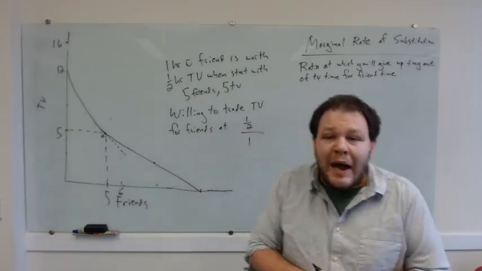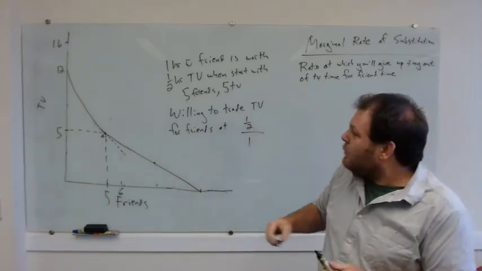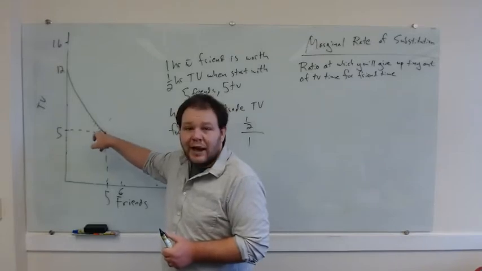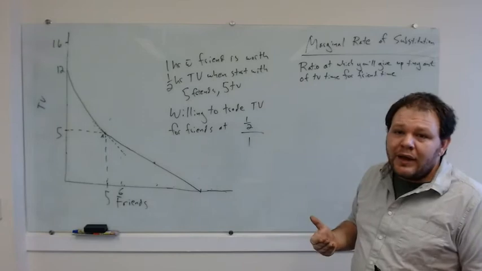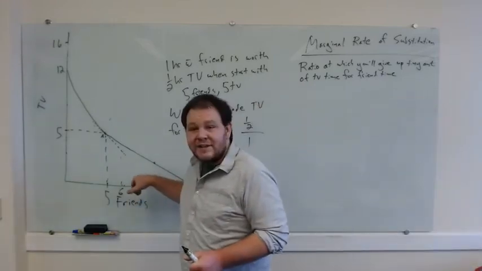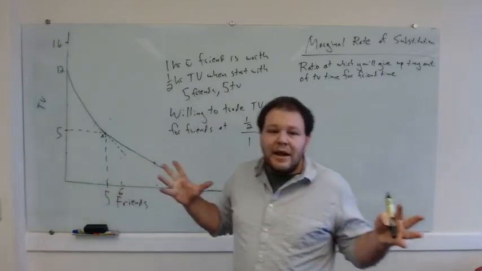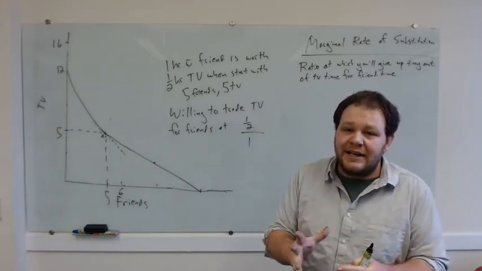Okay. So how do we do this? How do we figure out the ratio that you're willing to trade on the margin? Well, we take what we did in the gross sense, when we talked about a whole hour, and we shrink it down to infinitesimal size.